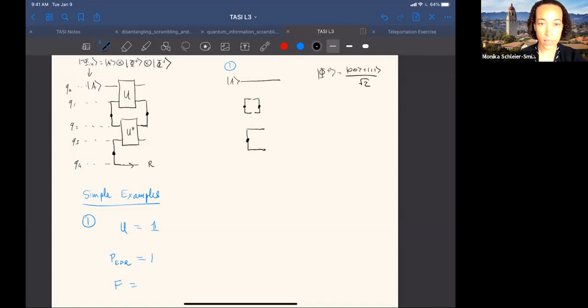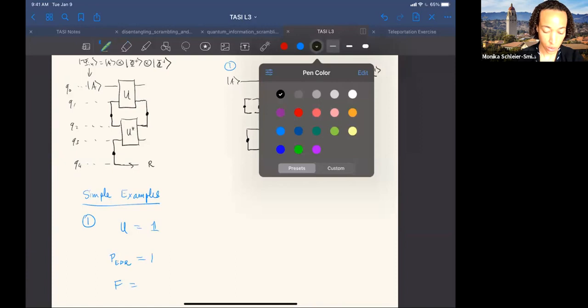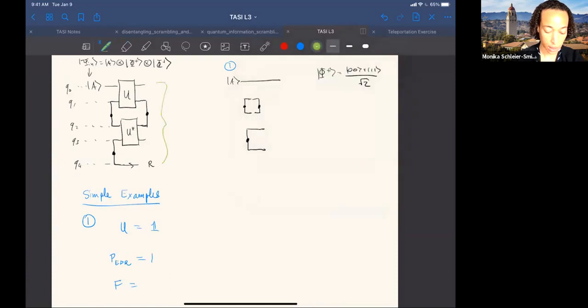Then we can ask what is the fidelity of teleporting Alice's qubit, which would be, if I say that at the end the system is in some output state, psi out. Let's say psi out is a normalized state, conditioned on doing this projection.